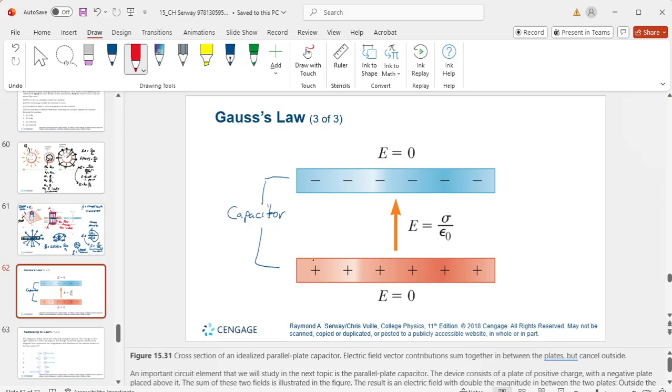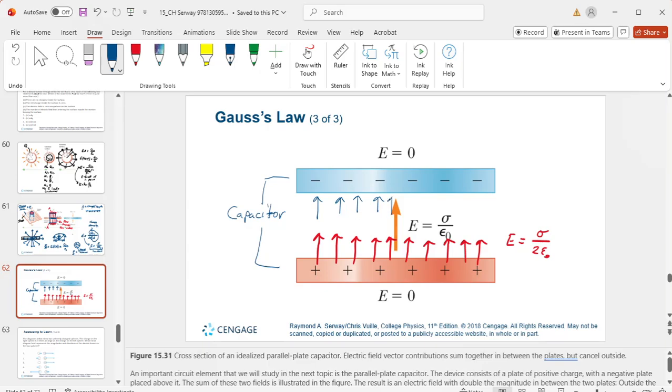If the field coming from this plate is like this, and this plate would have strength E equals sigma over 2 epsilon naught, but the negative plate would have similar arrows pointing directly toward it.